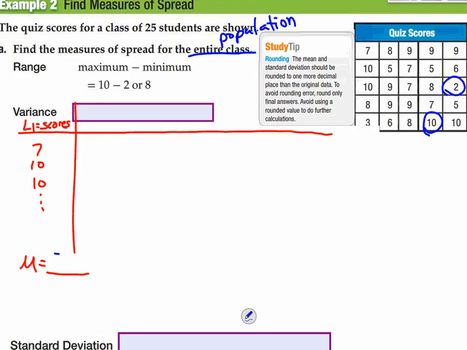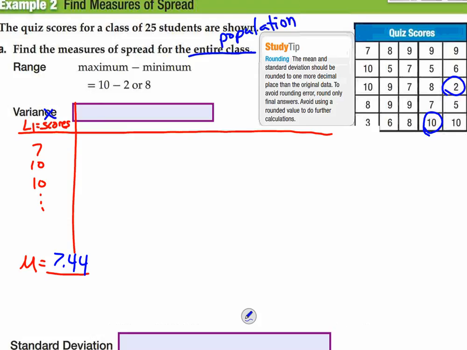So mu is 7.44. The next thing I'm going to do is find my scores, and list 1 is my scores. Those are my x values. So now I'm going to find the difference between my score and the mean.